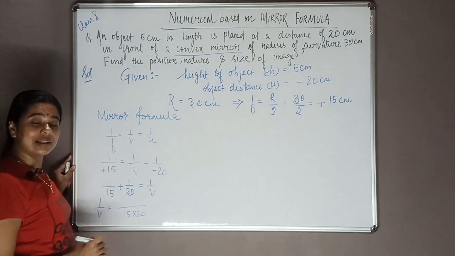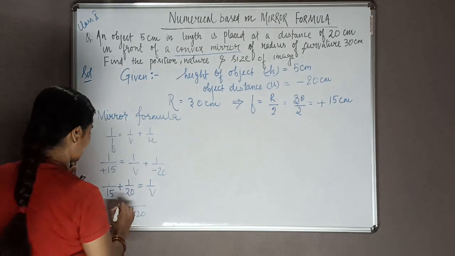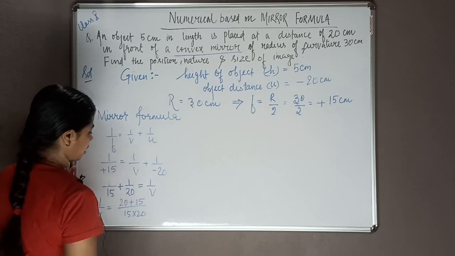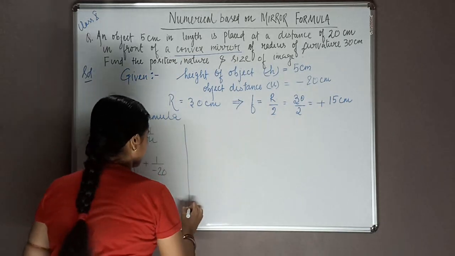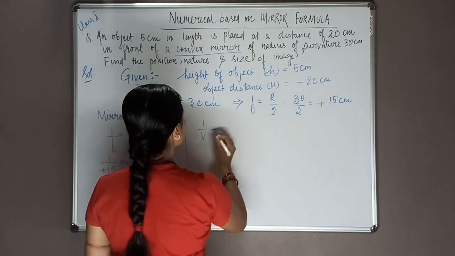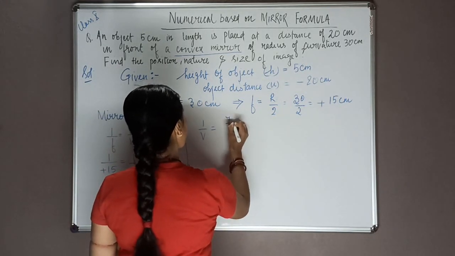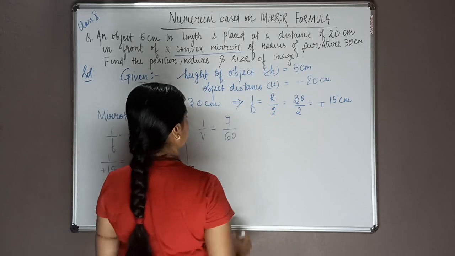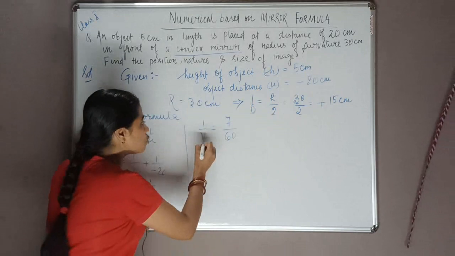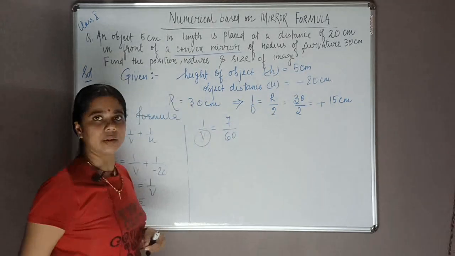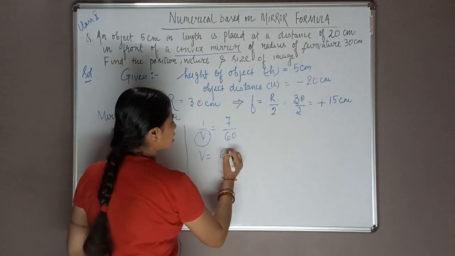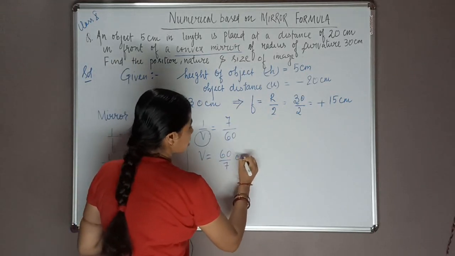Either you find it like this or you find it through LCM. 20 plus 15, so 1 by V is equal to 7 by 60. Now you can see it is a reciprocal and we need to find V. So do this reciprocal. V is equal to 60 by 7 centimeter.